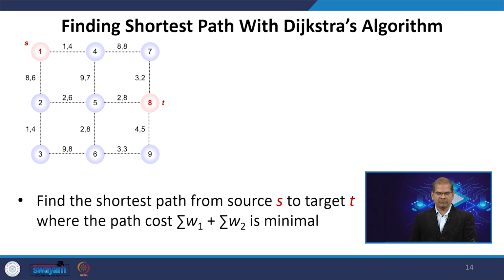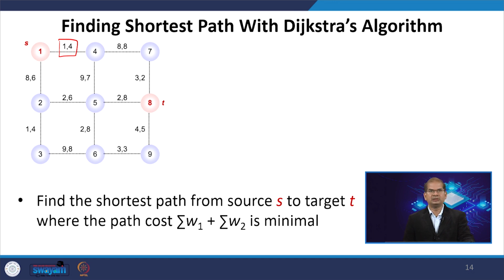One is horizontal capacity, one is vertical capacity. So, if you can see here, the edge has two variables. The first one is the horizontal and the second one is the vertical capacity.